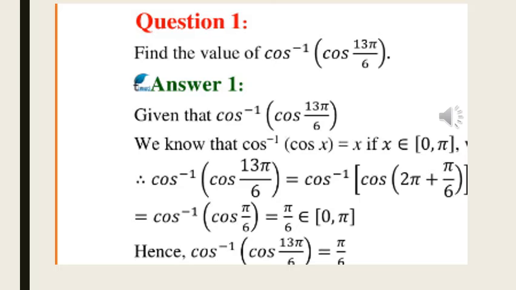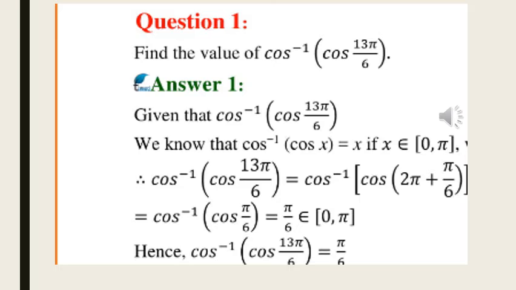So we are finding the value of cos 390. Cos 390 is cos of 360 plus 30, so cos of 2 pi plus pi by 6. And we know cos of 2 pi plus theta, or cos of 360 plus theta, equals cos theta only.